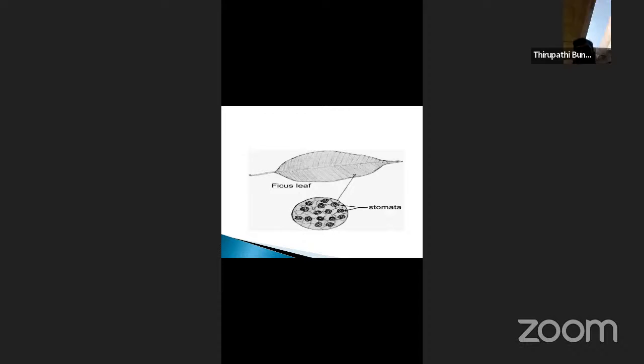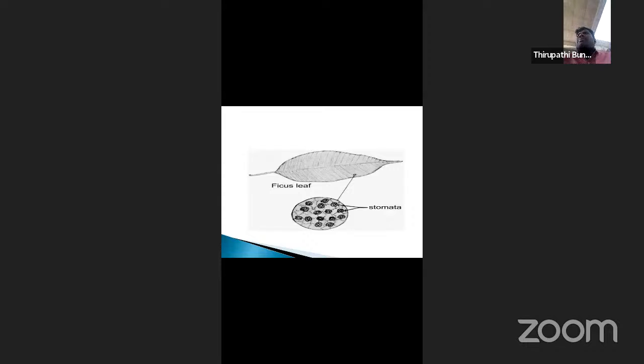The structural types: the first one is anomocytic or irregular, also called the Ranunculus type.